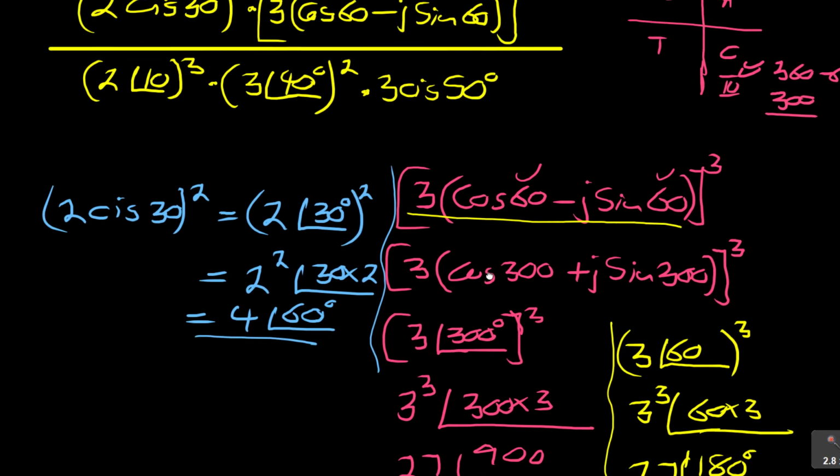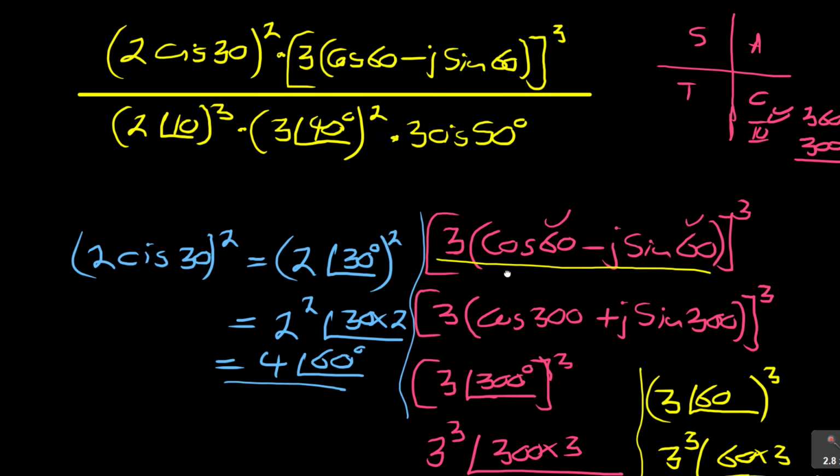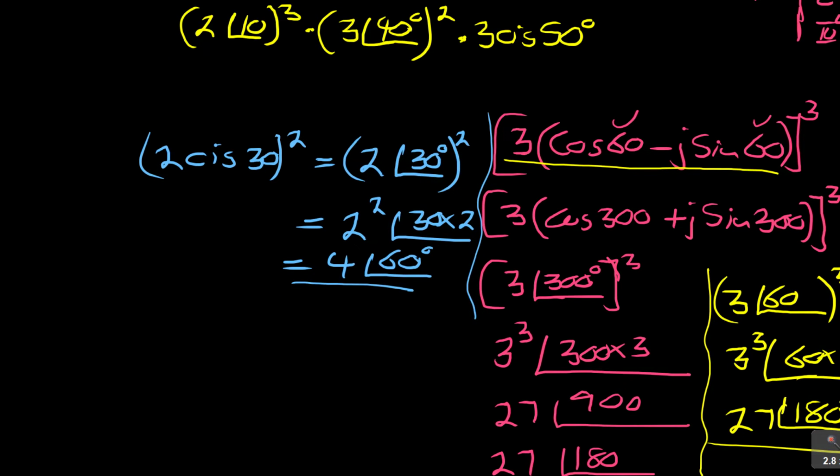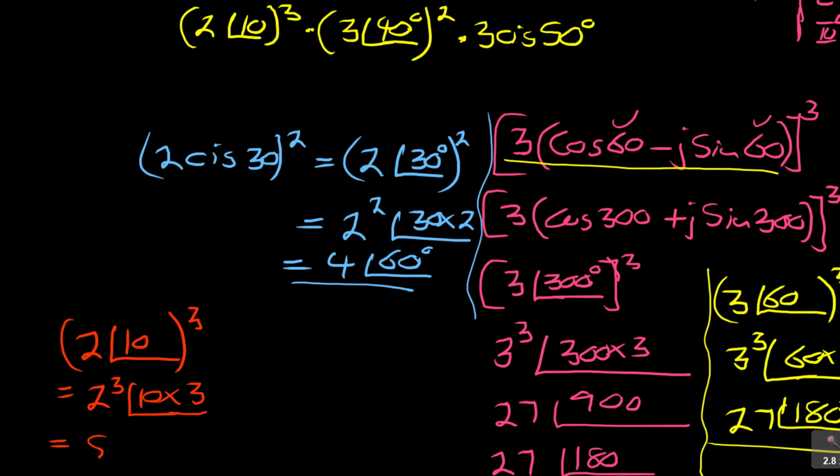And then let's look at the other one. The other one I have is 2 (cos 10 + j sin 10) to the power of 3. This is same as 2 cubed, and then it's 10 times 3, which is same as what? 2 cubed is 8, 30 degrees.